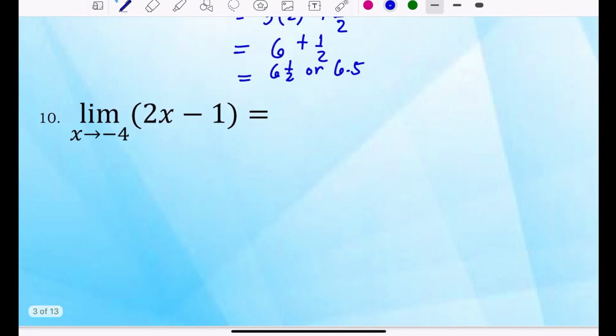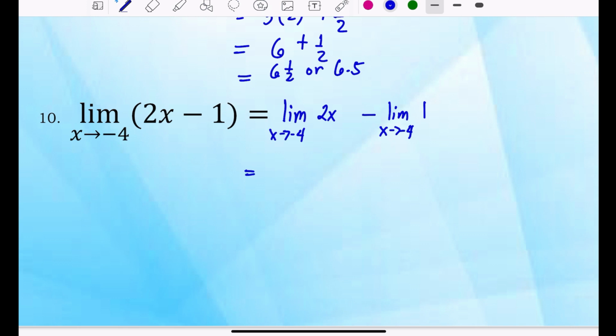Number 10. The limit of 2x minus 1 where x approaches negative 4. So this will become the limit of 2x where x approaches negative 4 minus the limit of 1 where x approaches negative 4.